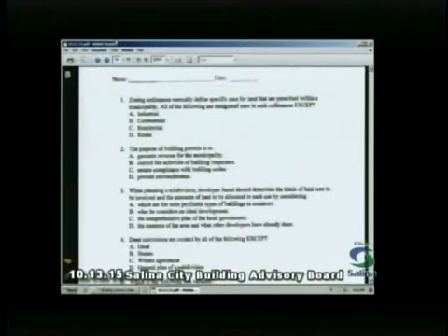Number one: a zoning ordinance normally defines specific uses for land that are permitted within a municipality. All of the following are designated uses in such ordinances except... Which one do you think is the exception? D is the correct answer.